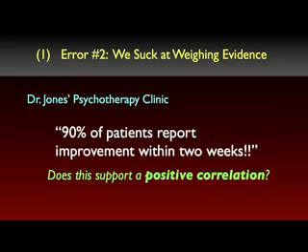And by correlation, all I mean is that if you go to Dr. Jones's clinic with a mental health problem, you're statistically more likely to report improvement in your condition than if you didn't seek out treatment. Now, if I ask this question to my science students, almost all of them will say that the evidence supports some kind of positive correlation. When I ask how strong a correlation, more than half will say that it's 90% or close to 90%.